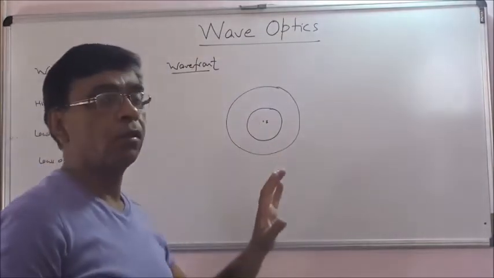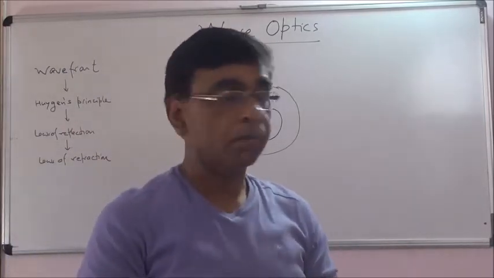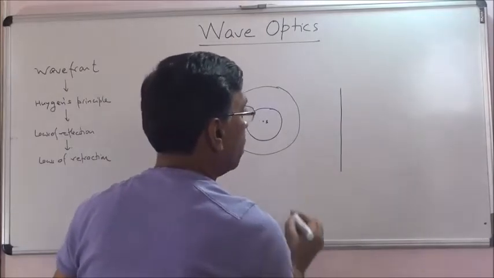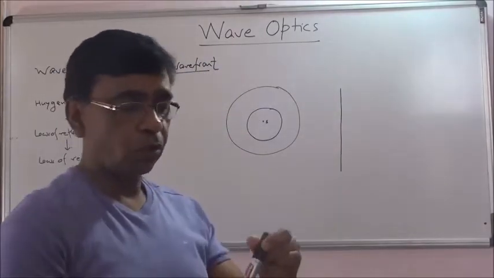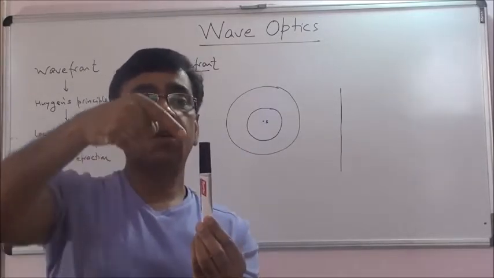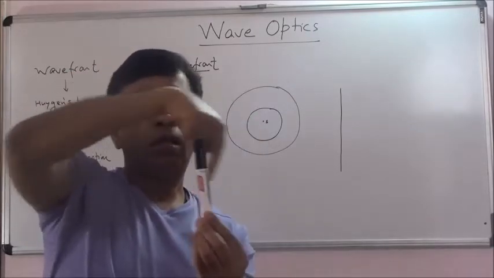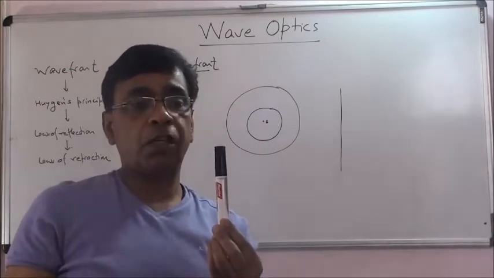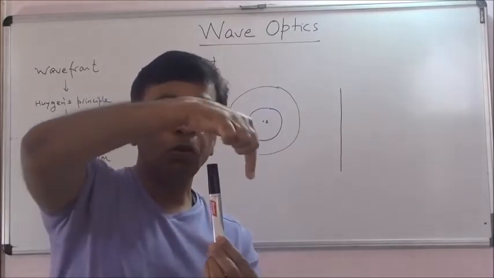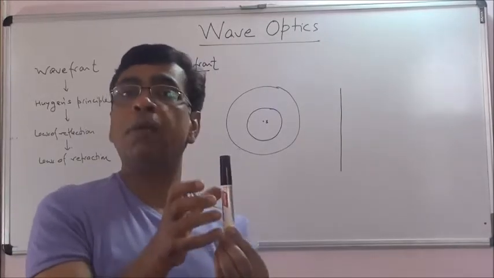A point source will produce a spherical wavefront. If I take a line source, meaning the source producing the wave is like this, and the energy is transferred in all these directions, then at a particular time, all those particles which receive energy simultaneously will form a cylinder.